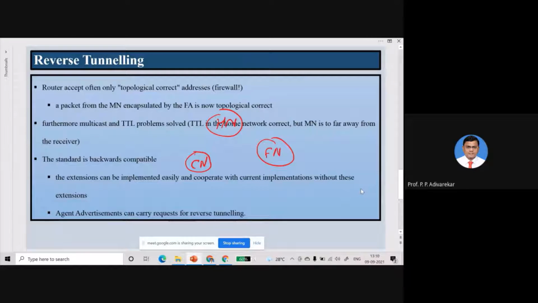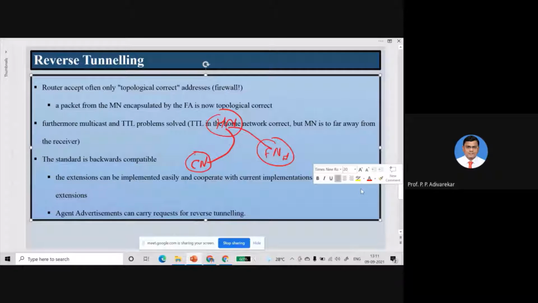Initially, if you remember, what did we see? If the mobile node is present in a foreign network, how did communication happen? The CN has to send the packet to the home network, that is the home agent, then the home agent will forward that packet to the mobile node in the foreign network. For that, it was creating a tunnel and all that.